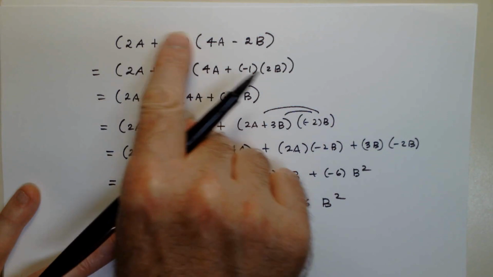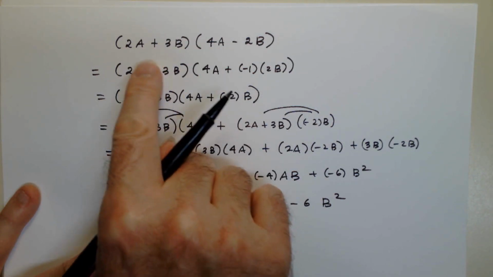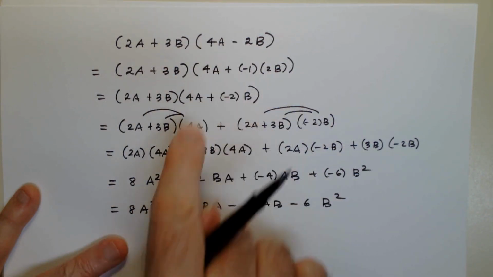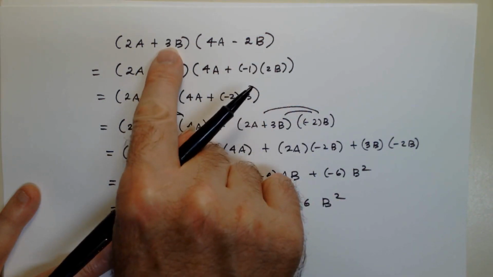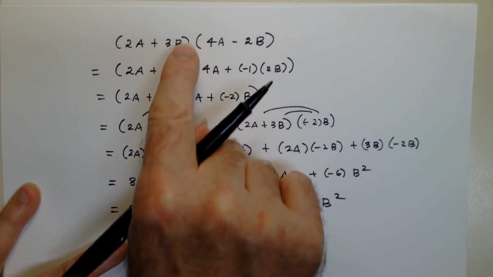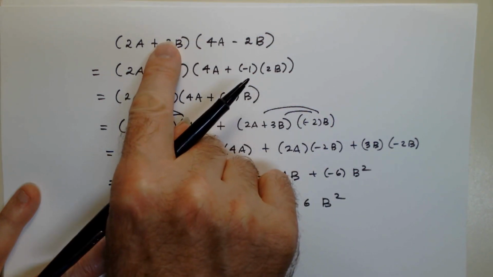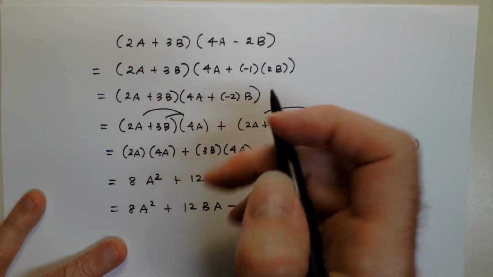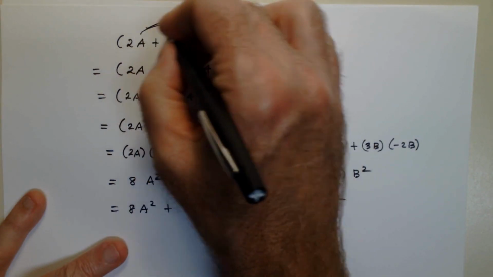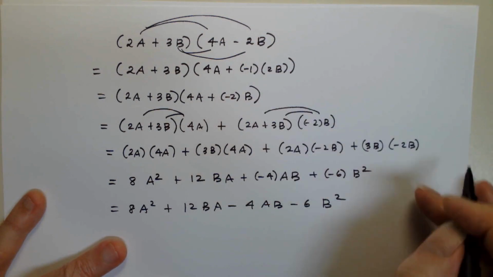We'll have the 2a and the 4a giving me the 8a squared. The 2a and the minus 2b giving me the minus 4ab. The 3b and the 4a giving me the 12ba. And then the 3b and the minus 2b giving me the minus 6b squared. So you basically can just multiply these out as if they were ordinary binomials.